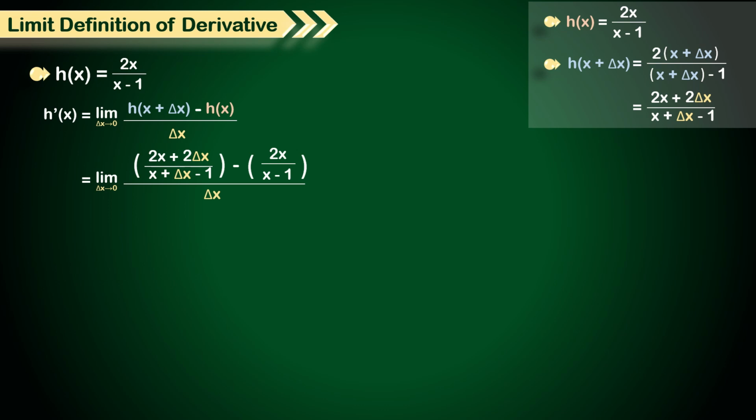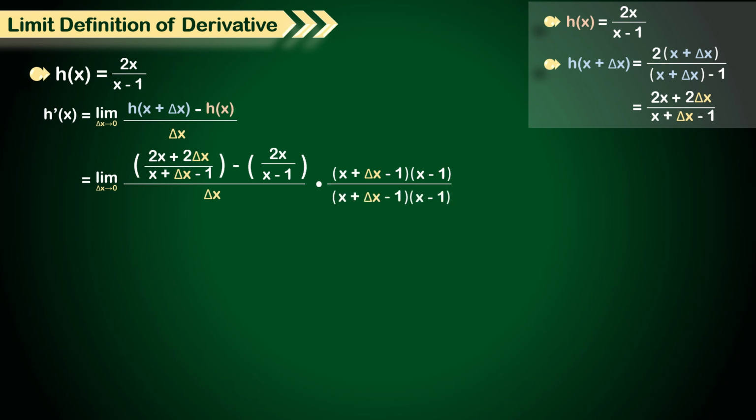Find the LCD of the numerator and denominator. Then, the LCD, which is x + Δx - 1, x - 1, and 1. We can rewrite the LCD without the factor of 1. Multiply it to the numerator and denominator.